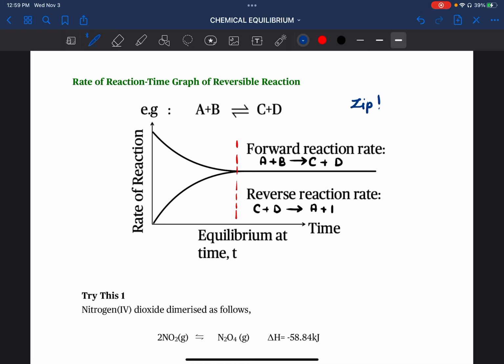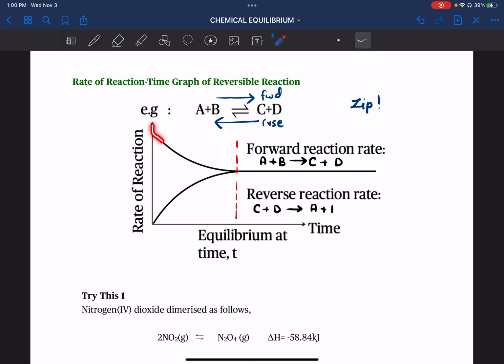Okay, so forward reaction, kalau forward maksudnya A plus B to form C plus D. So this is forward. Kalau reverse, C plus D form A plus B. Itu adalah reverse. Okay, now for forward rate, kita tahu tadi as time proceed, reaction akan slow lah.